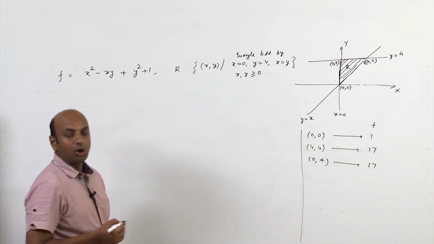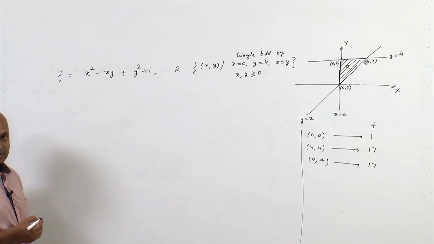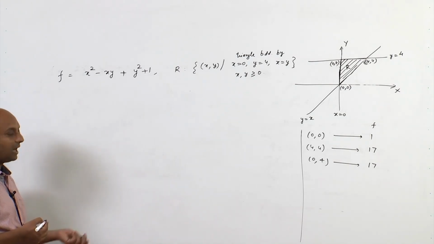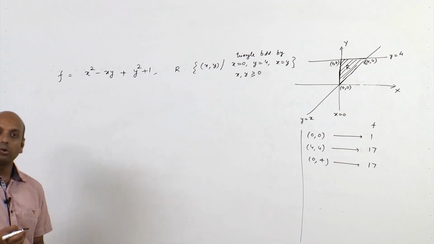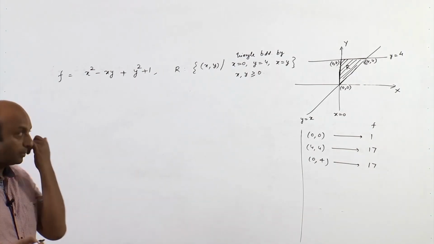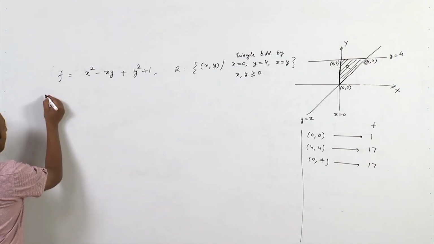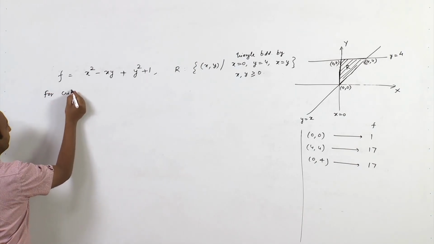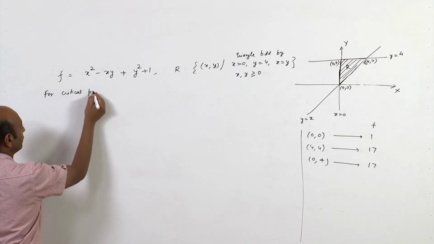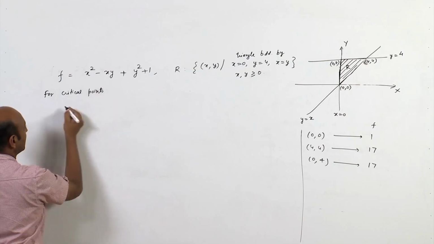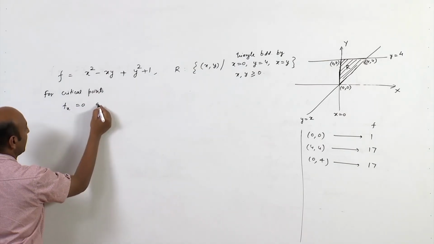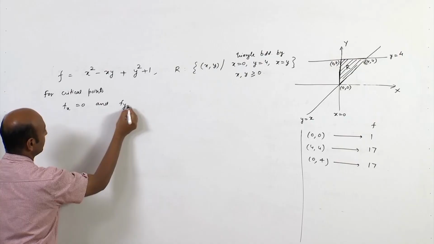Now, you find out the critical points, or the points inside the region R where the function has local minima or local maxima. So, for critical points, fx equal to 0 and fy equal to 0.